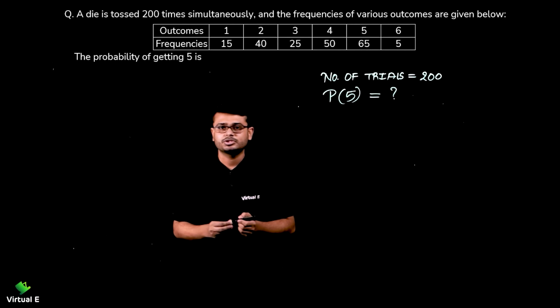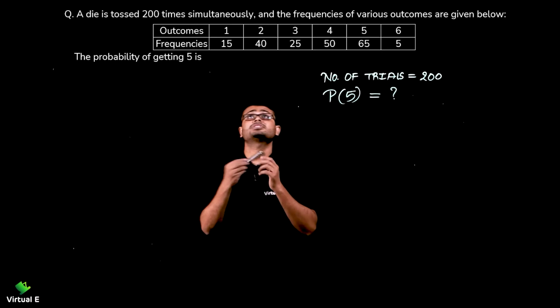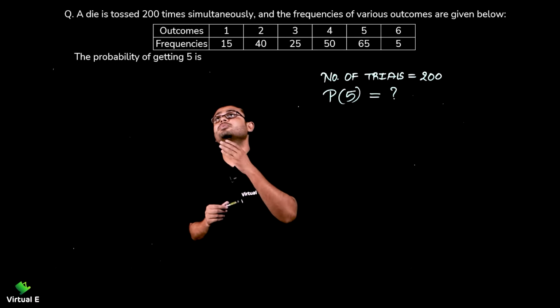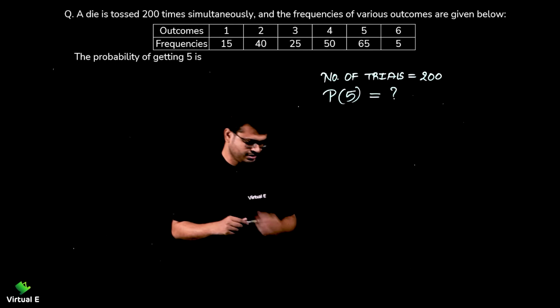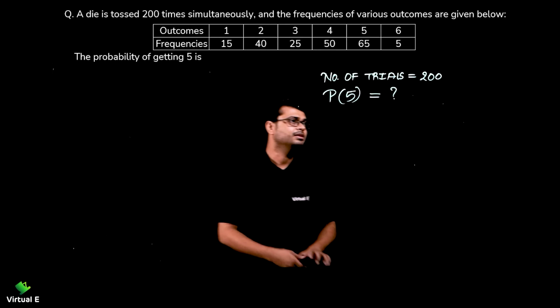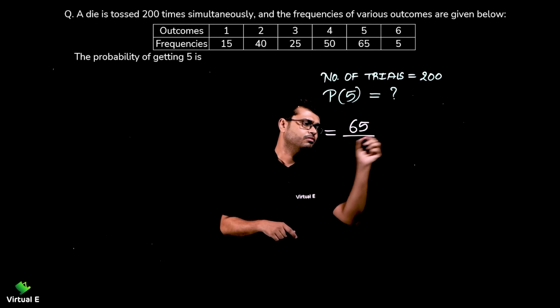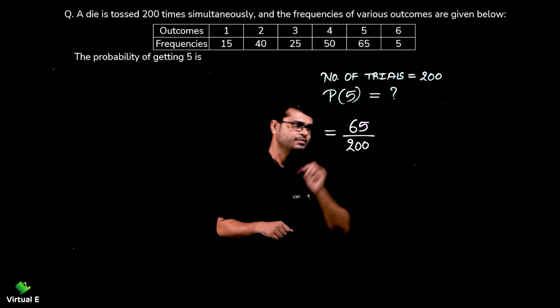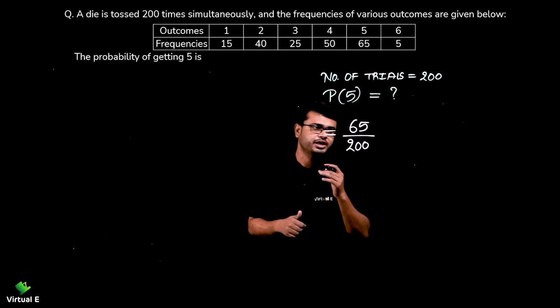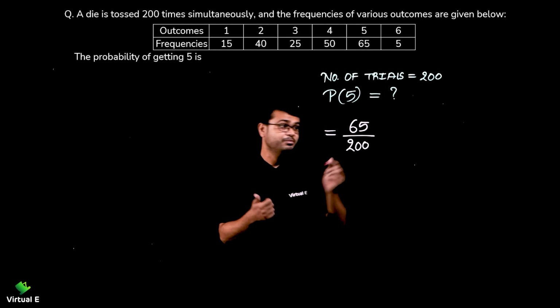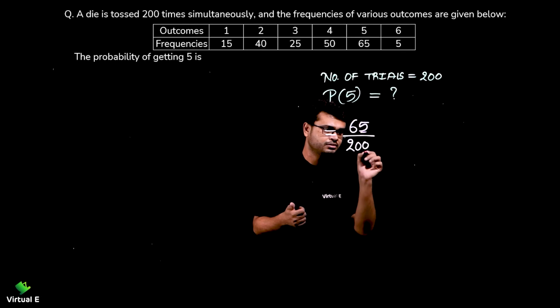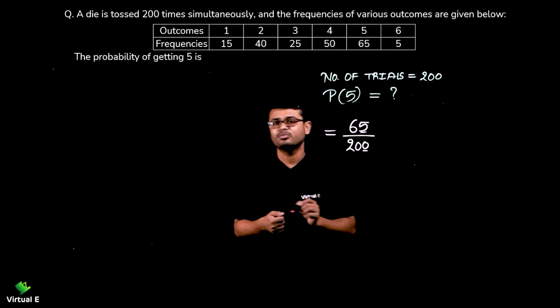This is a very simple question, nothing much to do over here. We just need to see how many times 5 is coming. Frequency is what? 65. So just let's write it. That's very simple. So 65 over 200, right? Now 65 and 200 both are divisible by 5. Why? Because on the one's place there is 5 and 0, both of them.